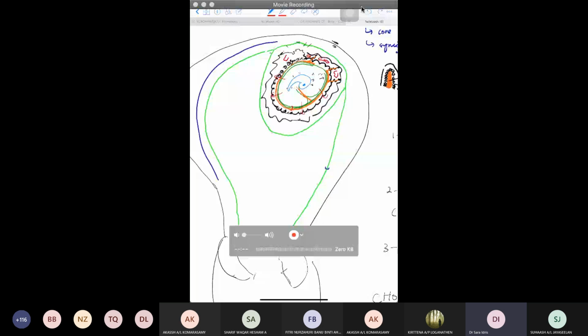Okay, because the decidua capsularis will be so stretched that it will have to degenerate. So it will eventually degenerate, and the cytotrophoblasts will also eventually degenerate as well.